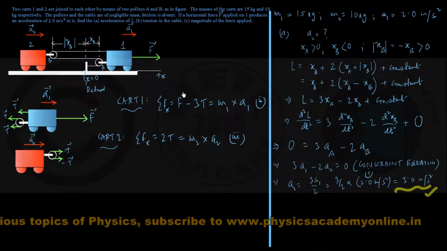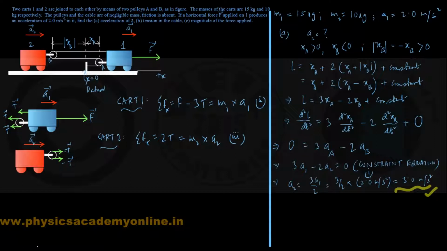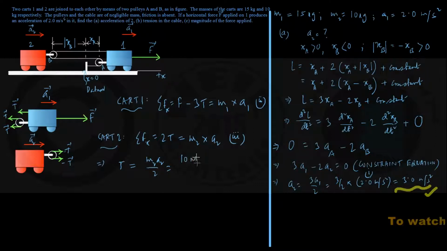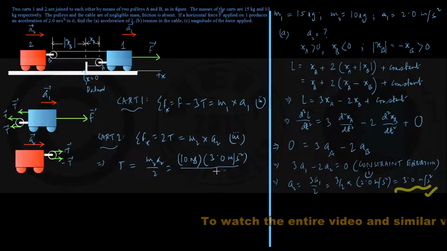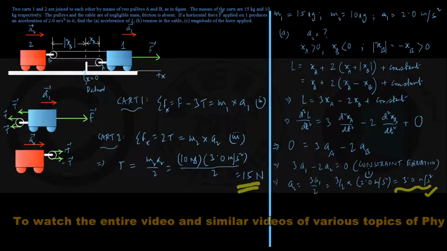Now we are supposed to find out the tension in the cable, and since you already are aware of the value of m2, and a2 is also found out in part A, we can straight away from equation number 3 write down the tension in the cable is given by m2 a2 by 2. That is, m2 is 10 kg, a2 was found to be 3.0 meter per second square, divided by 2. This is giving me 15 Newton. This is the answer of part B of the question.